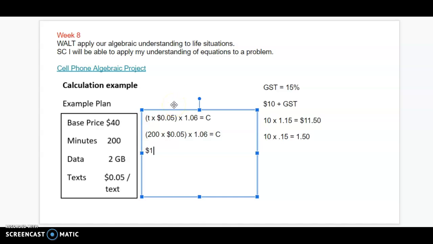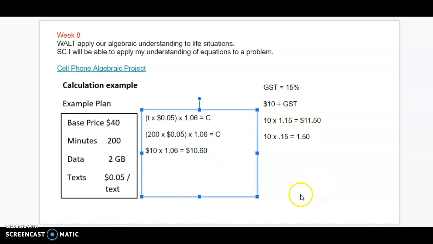Then we have to multiply by the 1.06, which is the tax, which will then equal our cost. So $10 times 1.06 is obviously going to be $10.60. So 200 texts at 5 cents a text with tax added is going to cost $10.60 for this plan based on 200 texts.